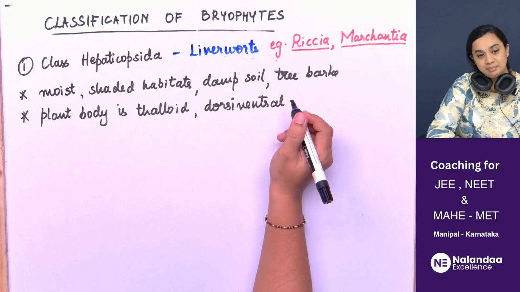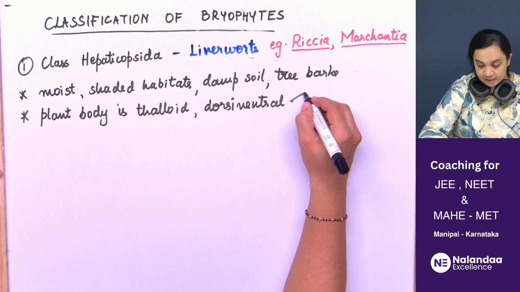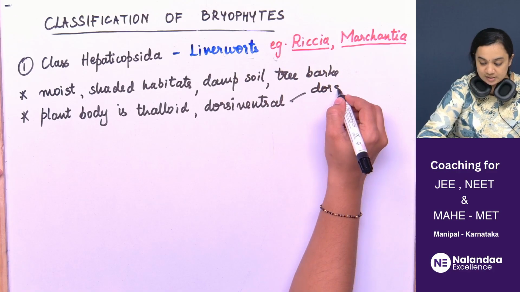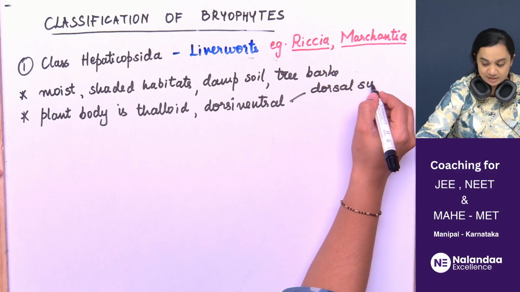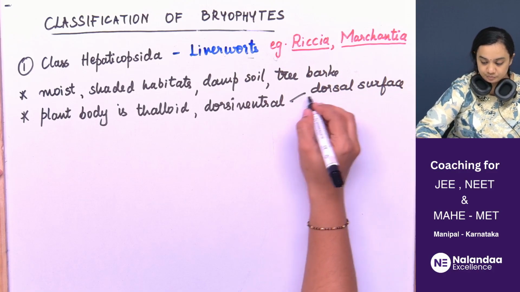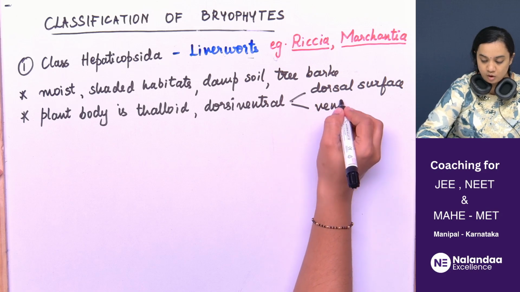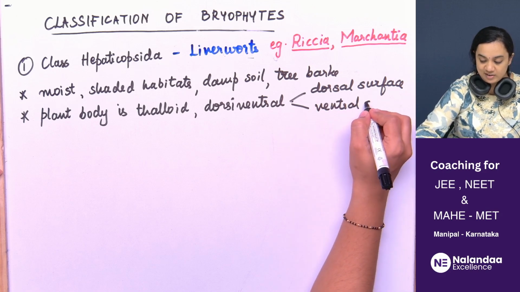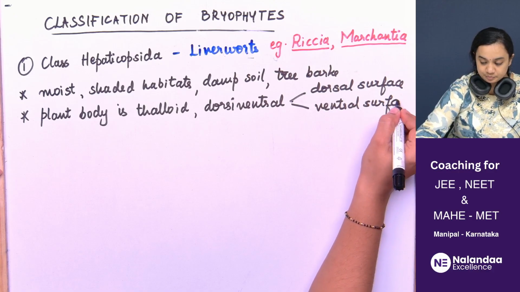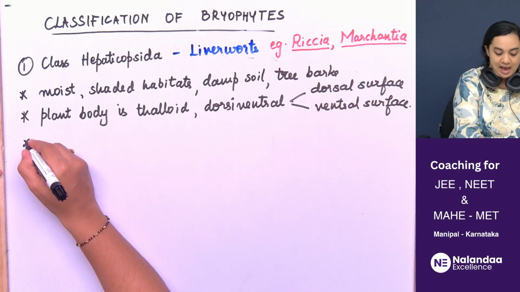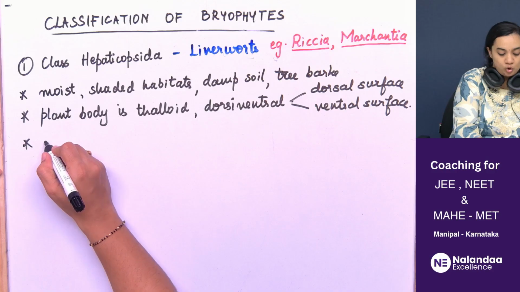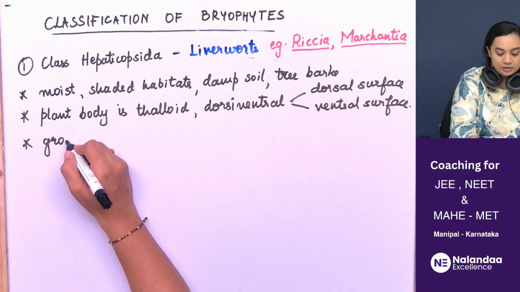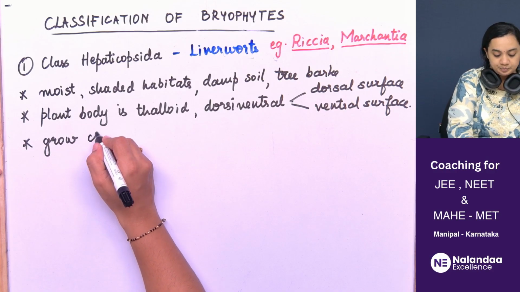The plant body can be differentiated clearly into a dorsal surface and a ventral surface, and the plants grow closely pressed to the substrate.